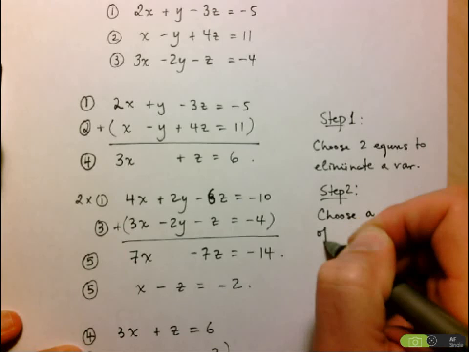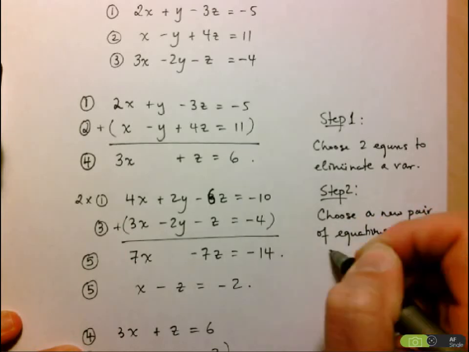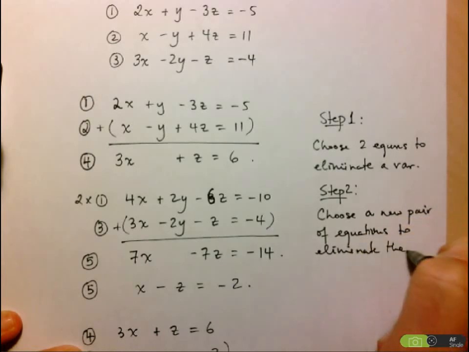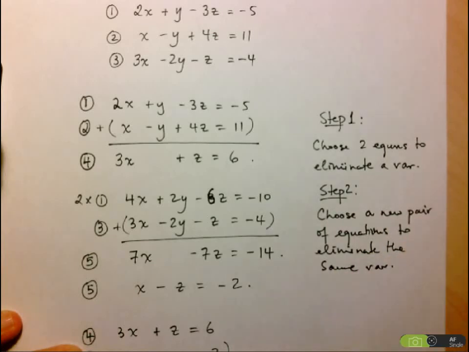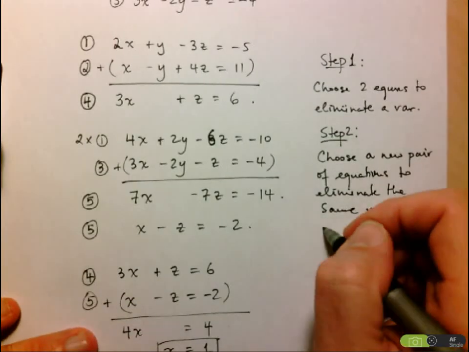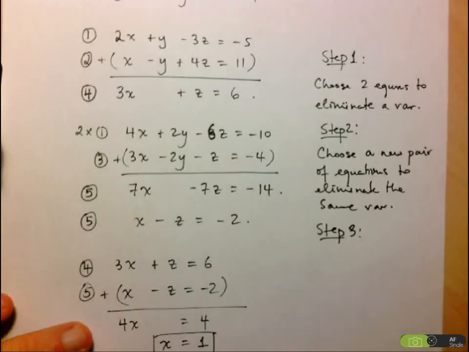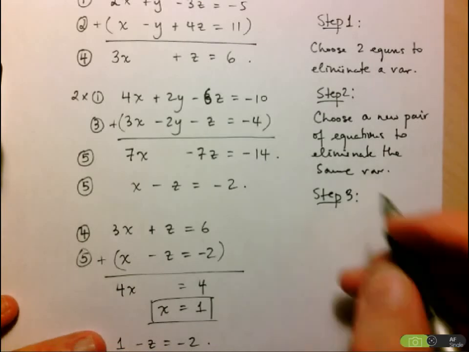So a new pair of equations to eliminate the same variable. And then step 3 is to solve the resultant system of two equations and two unknowns.